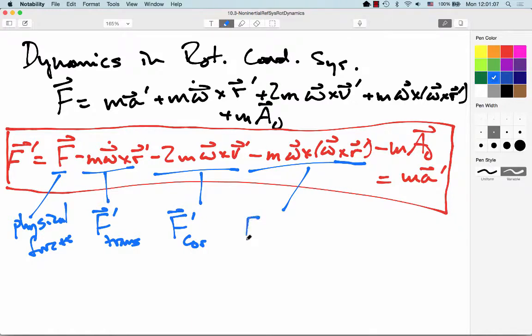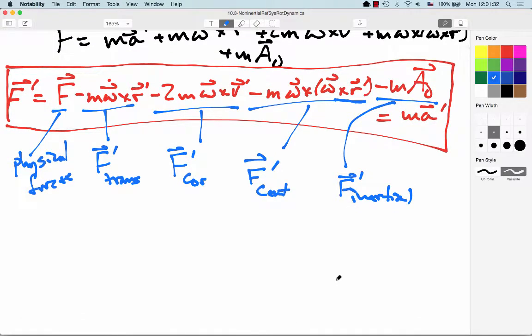The acceleration is called the centripetal acceleration, but the force is called the centrifugal force. And this is the inertial force. And to an observer in an accelerated frame, all of those are real.